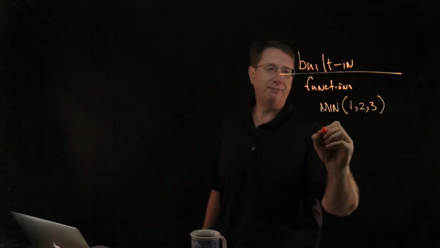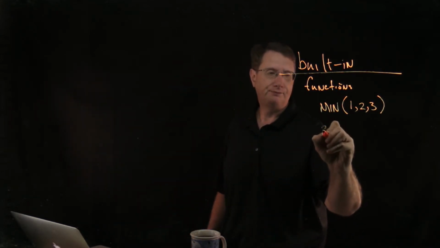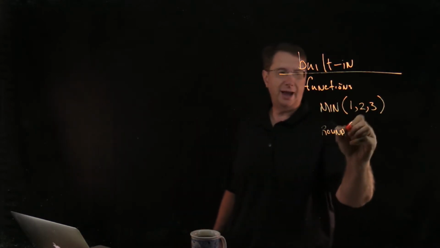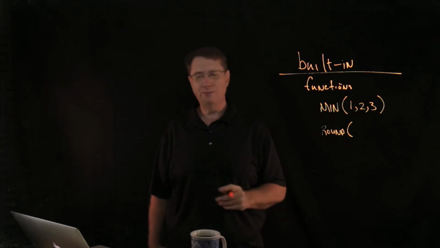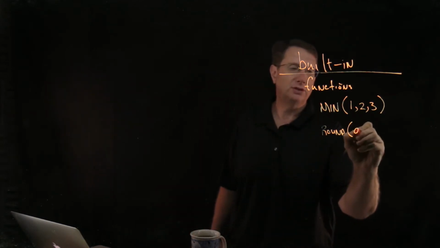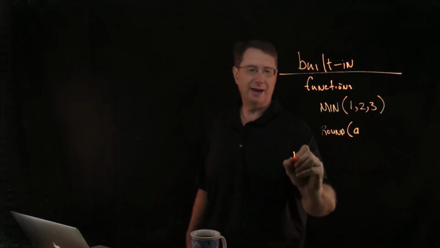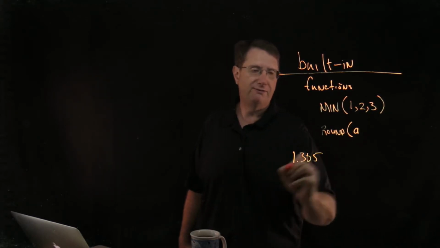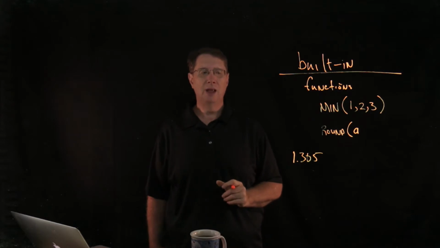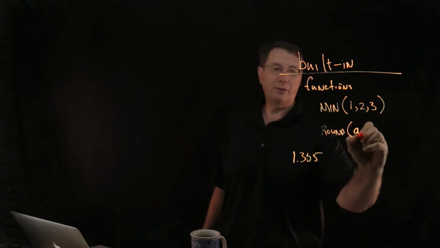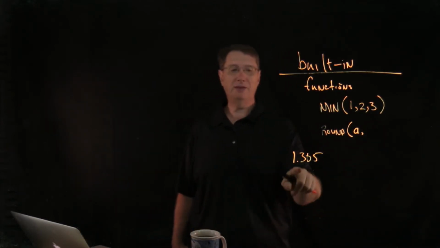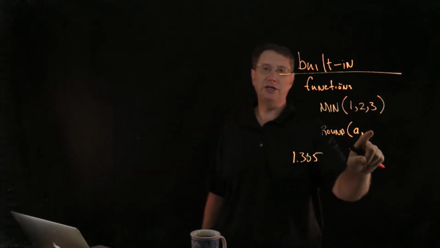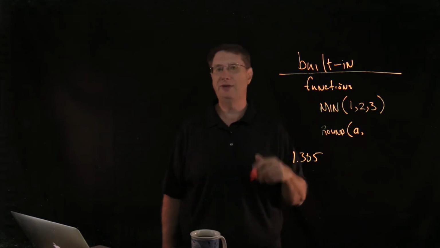Other options might be things like round. If I choose to, I could use round, and then specify a value, say a variable. So I want to round A. Let's say we had 1.305 as my value. When I do a round operation, I add a comma, and then specify the digit to the right of the decimal point that I want to round to.